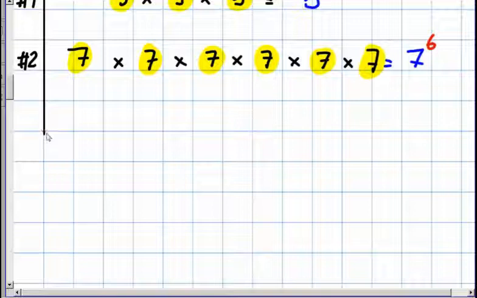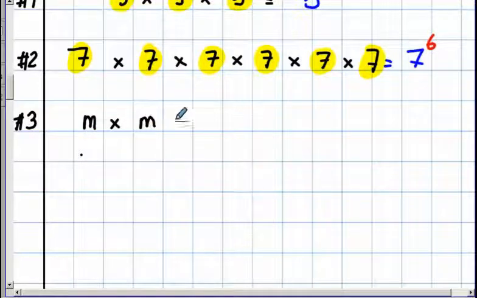Now, copy down your third example. Maybe you can work out what the answer is. We're going to rewrite this one here in index or power notation. But it's got letters, so copy this down. M times M times M times M. Now, how could I rewrite that using index notation?